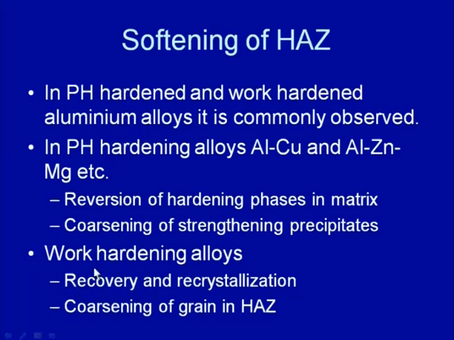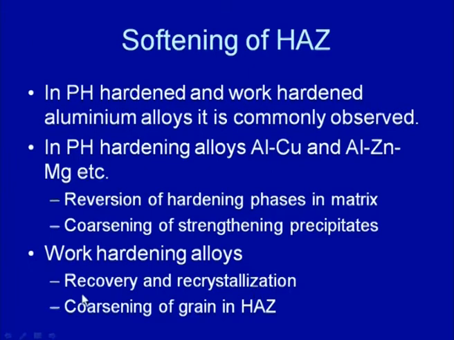During the recovery, the dislocations are decreased significantly, and by recrystallization fresh grains will be formed. So, recovery and recrystallization both decrease the hardness because of the elimination of the work hardening effect, and apart from these, coarsening of the grain structure in the heat affected zone also decreases the hardness.